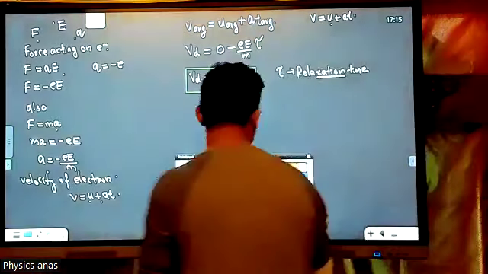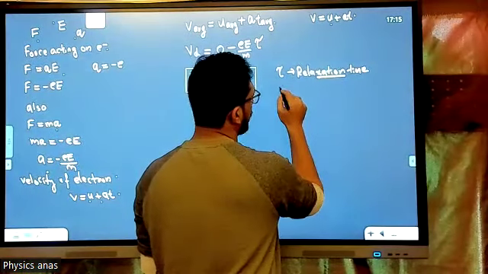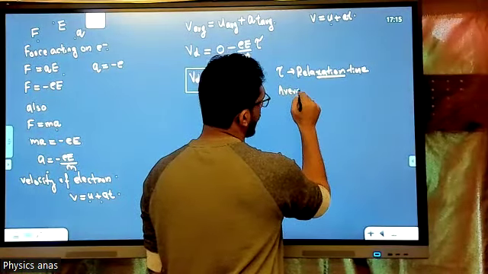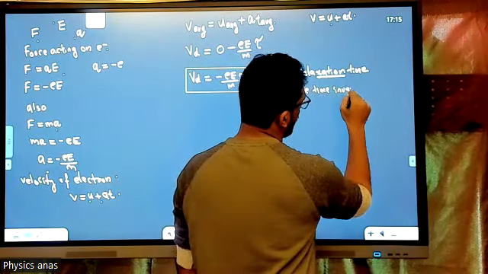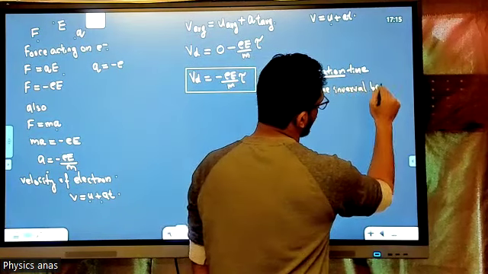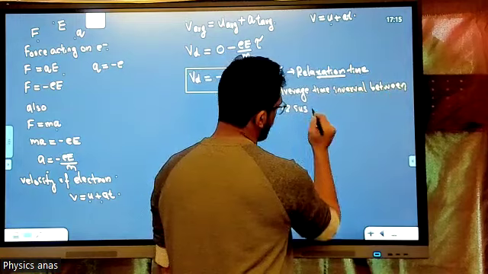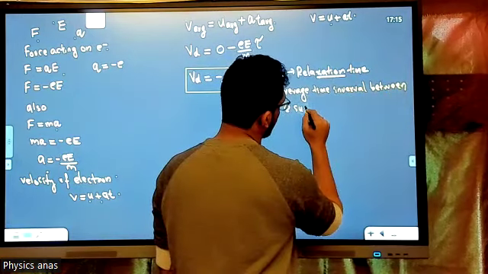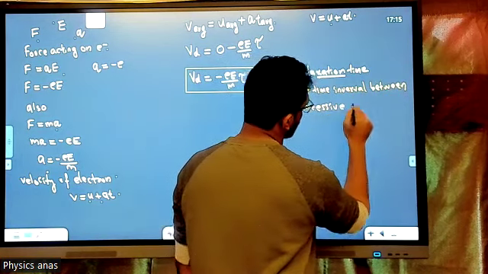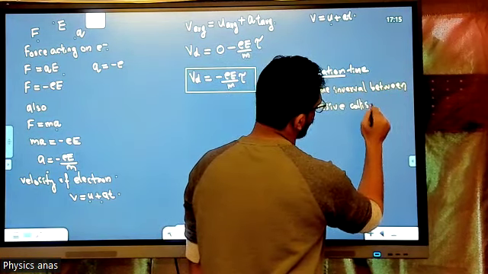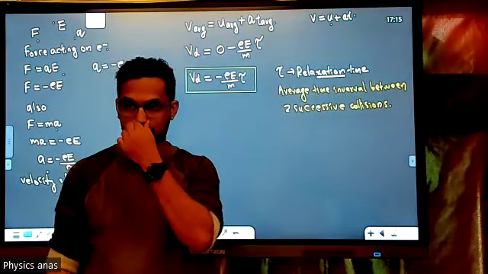I will write it: average time interval between two successive collisions. That's called the relaxation time.